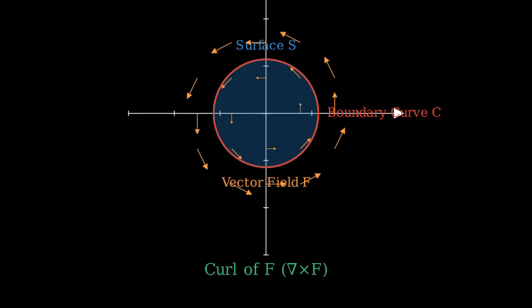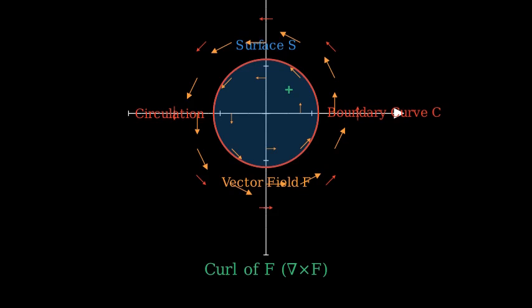The curl of this vector field, represented by nabla cross F, measures the rotational tendency of the field at each point. If we imagine placing tiny paddle wheels on the surface, the curl determines how fast and in which direction these wheels would rotate. Stokes' theorem tells us that the total circulation of the vector field around the boundary curve C is exactly equal to the total curl integrated over the entire surface S.